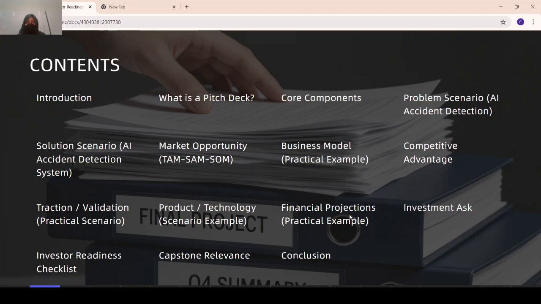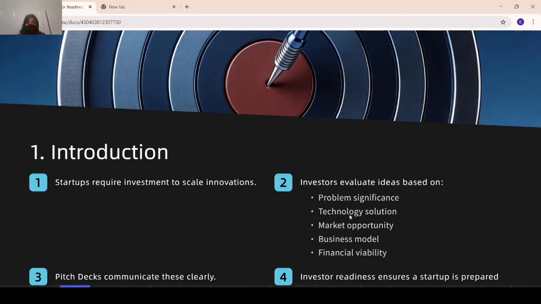Here we will cover: introduction, what is a pitch deck, core components, problem scenarios, solution scenarios, market opportunity, business model, competitive advantage, traction validation, product technology, financial projections, investment ask, investor readiness checklist, capstone, relevance, and conclusion. So first of all, we will go through the introduction before going to the terminology.